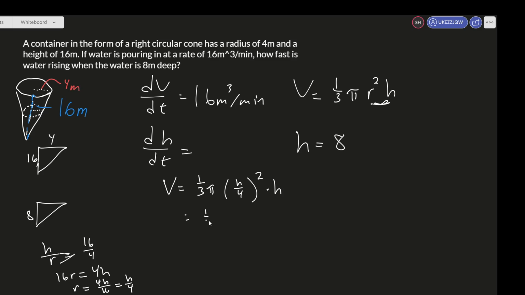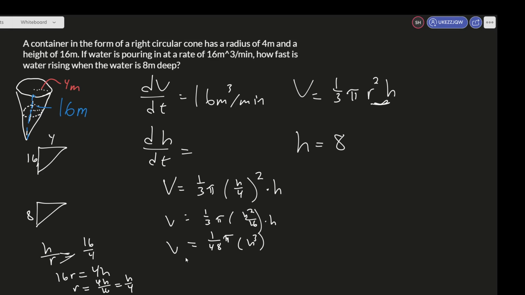So we have 1/3 pi times h squared over 16 times h. I'm going to remove the 16 constant, so I have 1/3 times 16, or 48 pi times h cubed equals V.